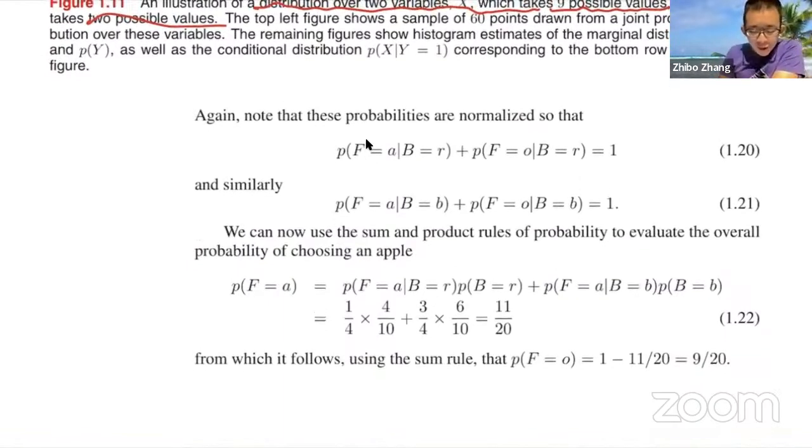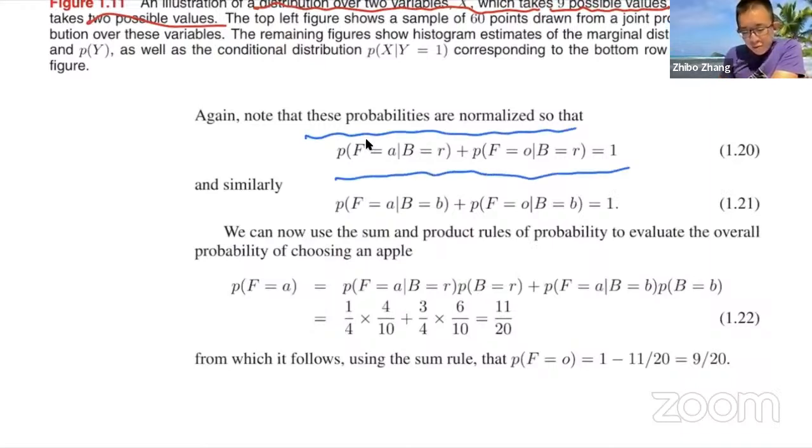So again, we know that these probabilities are normalized, so if we take a conditional density, not the posterior, but the conditional density, integrated over all the values of the fruit, it is going to be equal to 1.